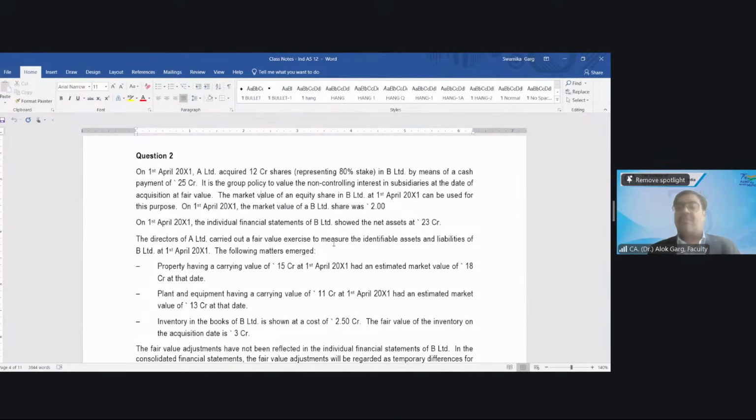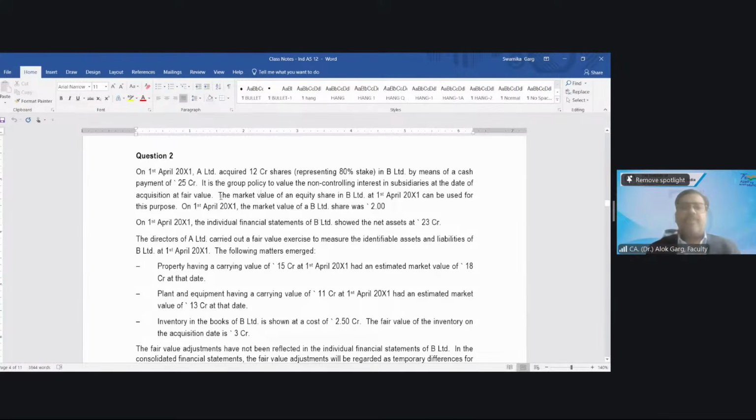So there are two approaches to NCI. What are the two approaches to NCI under Ind AS 103? Fair value approach and the proportionate share of net assets approach. And they have decided to go for the fair value approach.